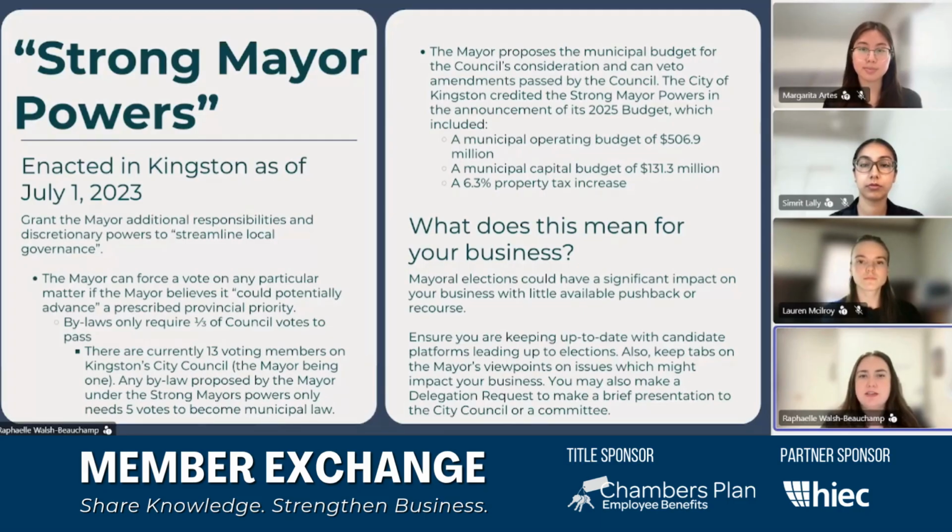The City of Kingston credited the strong mayor powers in the announcement of its 2025 budget, which included a municipal operating budget of $506 million, a municipal capital budget of $131 million, and a 6.3% property tax increase.